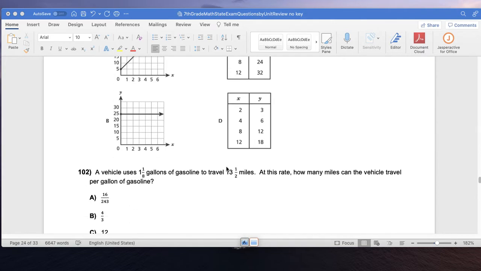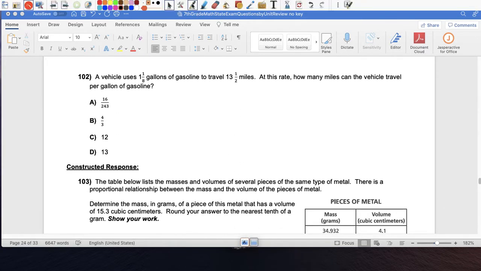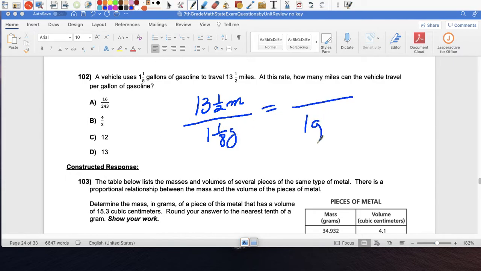102. A vehicle uses this many gallons to travel this many miles. How many miles can you travel in 1 gallon of gasoline? So unit rate. 13.5 miles is 1 1/8 gallon. So the question is, if you had 1 gallon, how many miles would you travel? Well, you have a calculator.